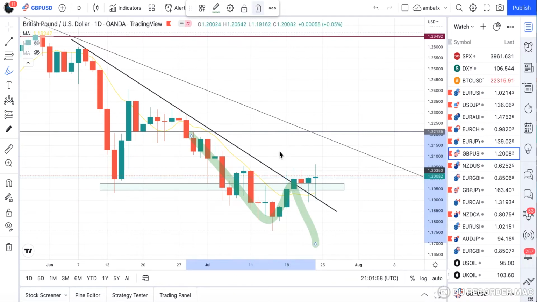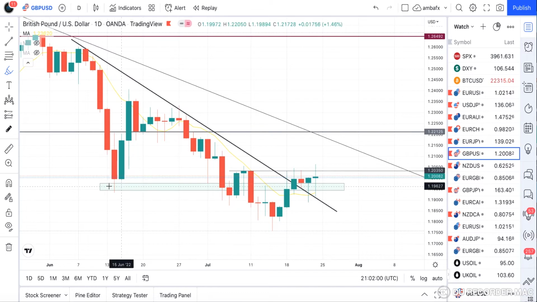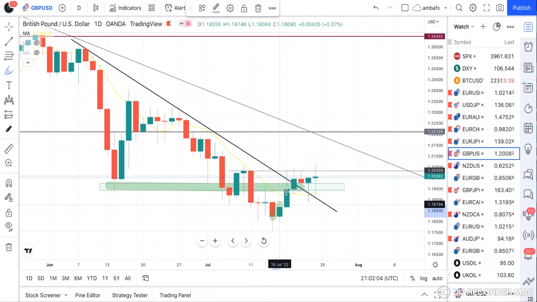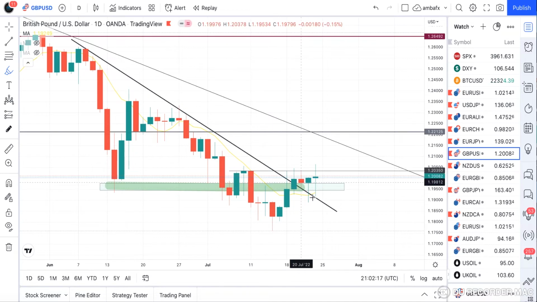we see something contrary to that. After it broke this level, it came back to that level, and it broke the level up again, like it broke that particular resistance up. Then we saw a retest of the trend line.